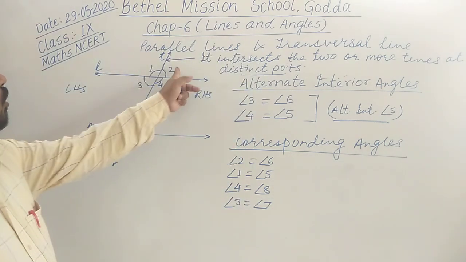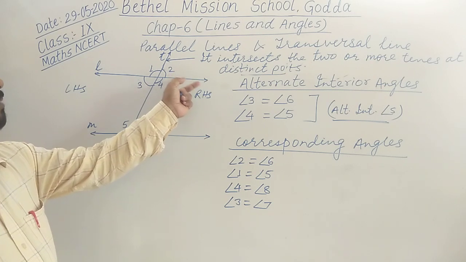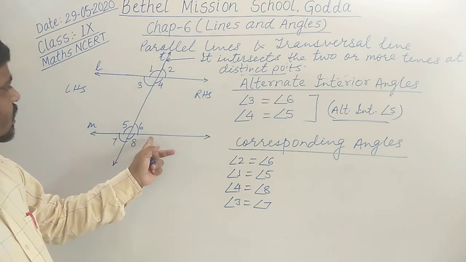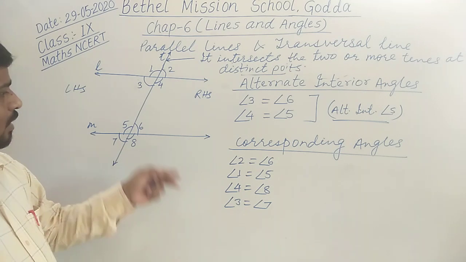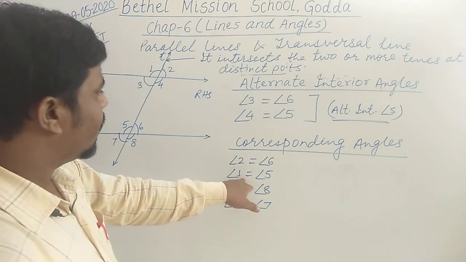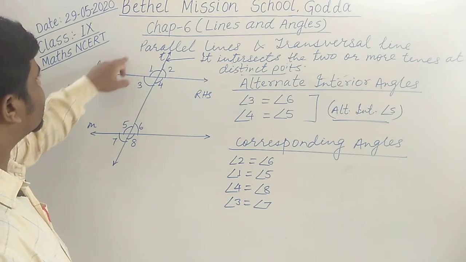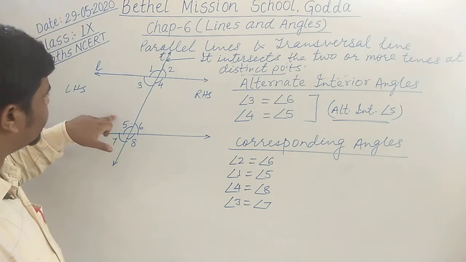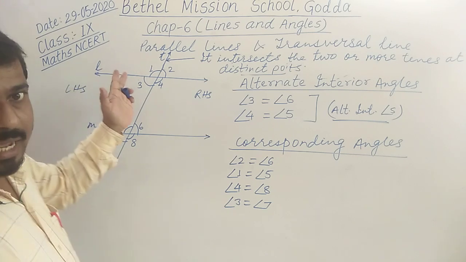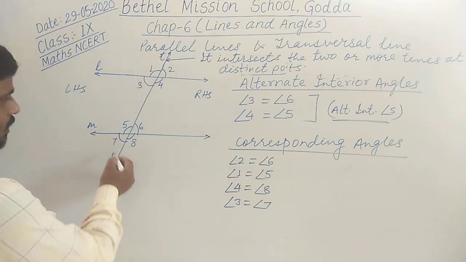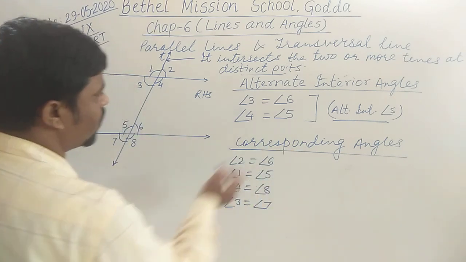You see, 2 is just exterior of the first line. 6 is interior of the second line. Next, angle 1 and angle 5. Angle 1 is just exterior of the first line, angle 5 is interior of the second line, but they are on the same side. This type of angles are called corresponding angles.